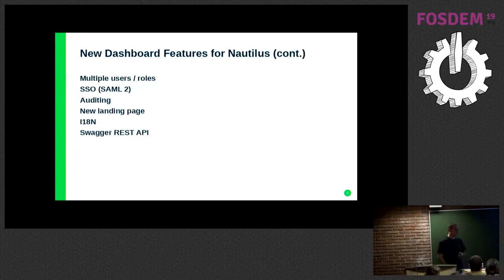Auditing was another request. As you can see, many of these features are enterprise features. Some of these requirements come from downstream discussions that SUSE engineers had with Red Hat engineers and the product managers. One of the things I really like about the dashboard in particular is that this is an area where we have really managed to come together as two companies that usually compete in this space on the product level.